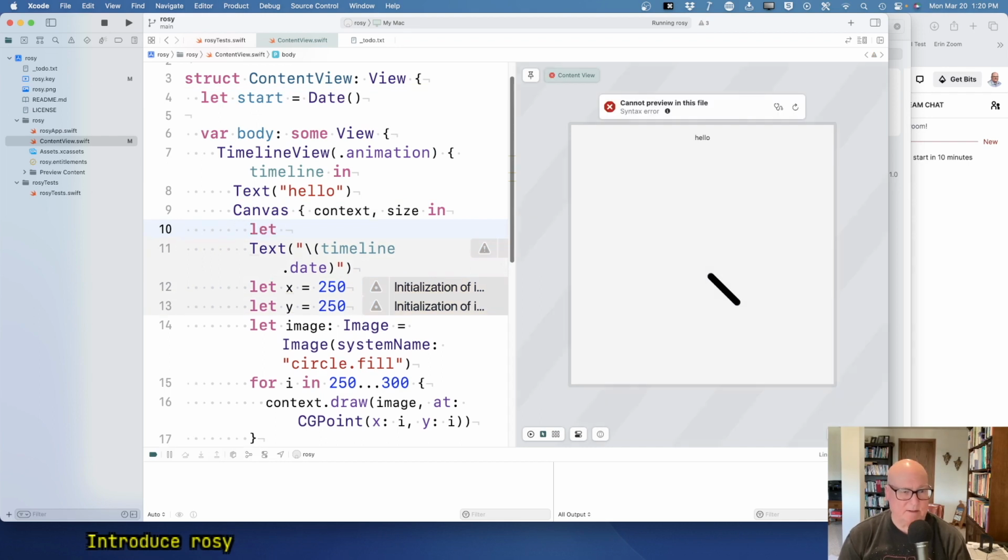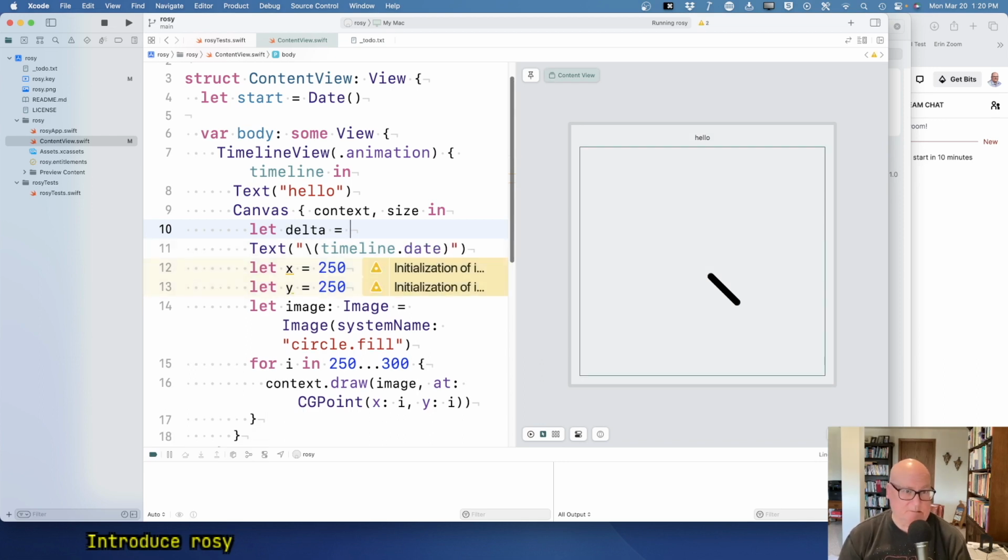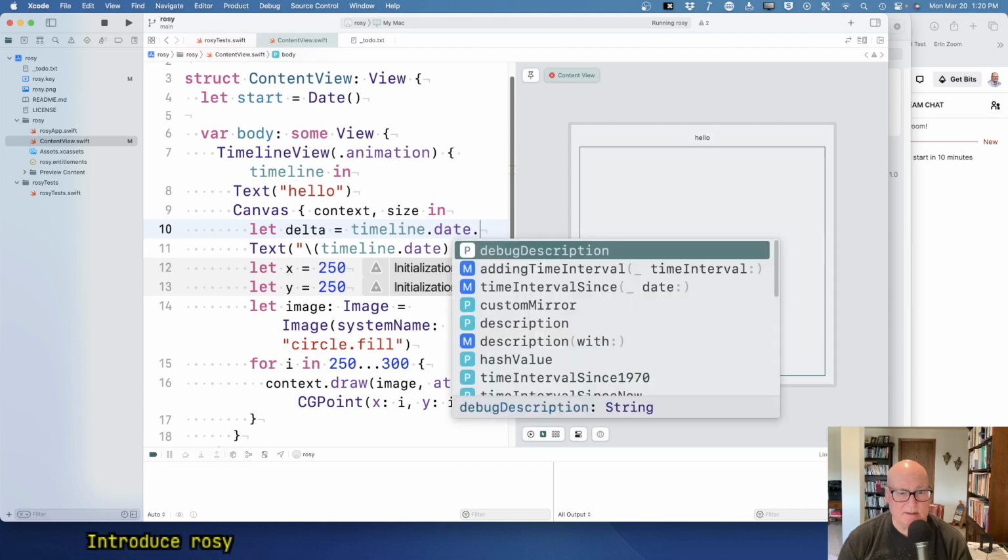So I can say let delta, is that a normal name? Delta is change in time, equal timeline dot date. Do I do minus?